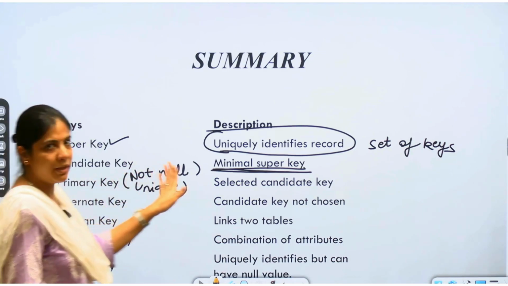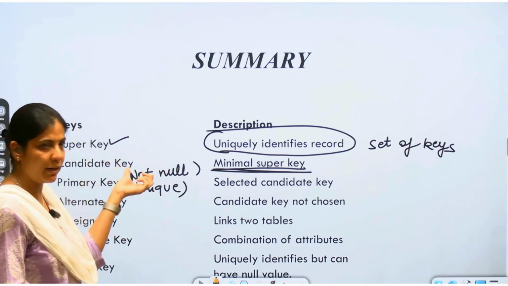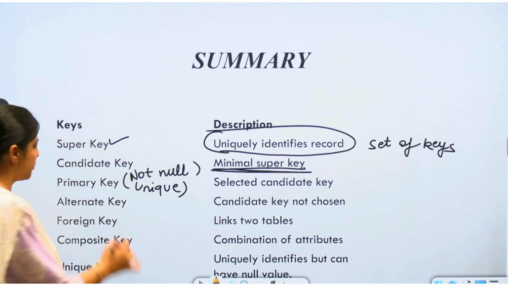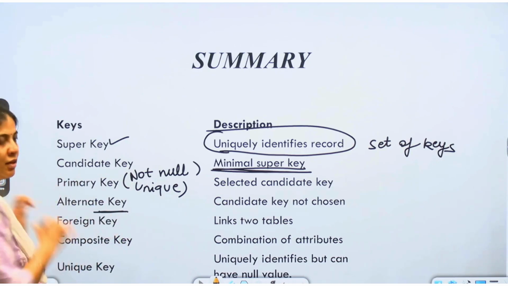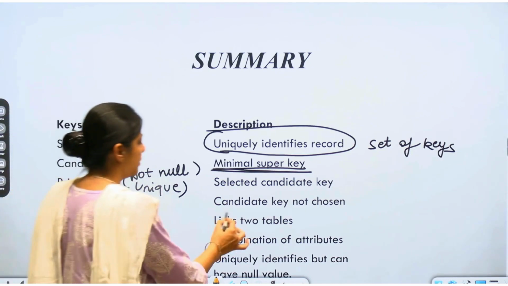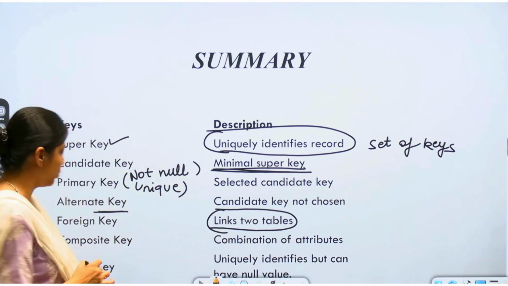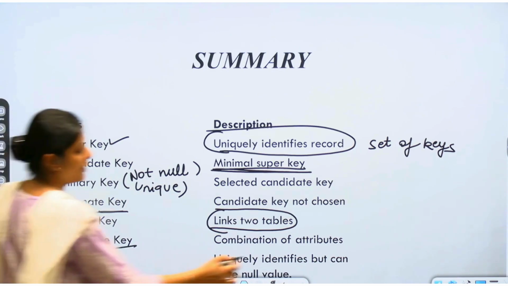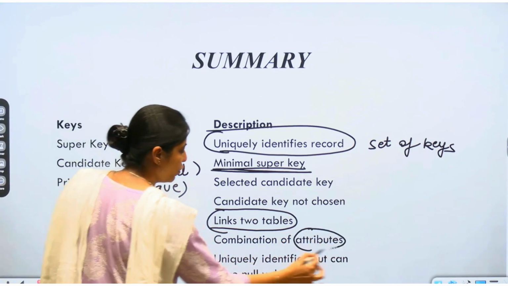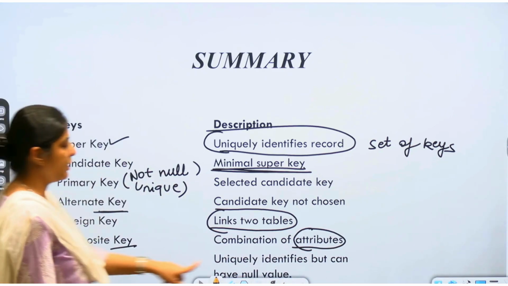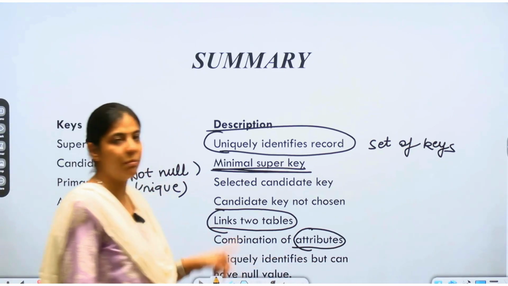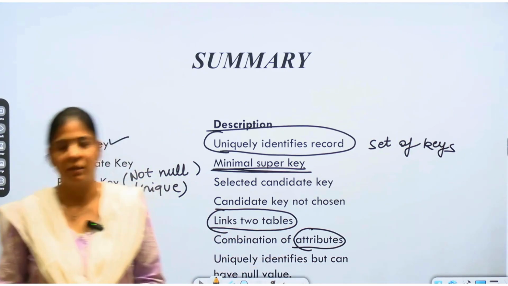After the primary key is taken out from the set of candidate keys, the rest of the keys will be our alternate keys. Foreign key is helpful when we have to link two tables. Composite key is a combination of attributes, and lastly we have the unique key, which uniquely identifies but can have null values. Thank you so much.